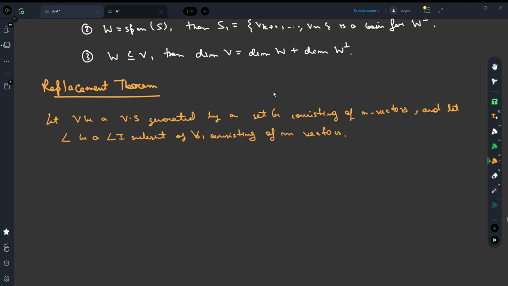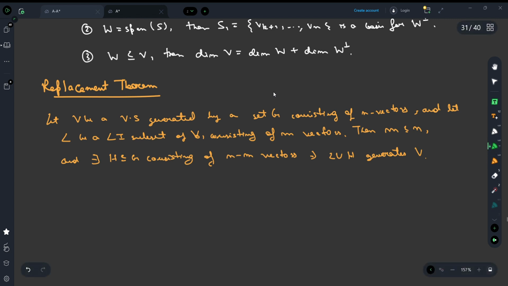Then m must be less than or equal to n, and there exists a subset H of G consisting of n minus m vectors such that L union H generates V, or spans V. Clear? So this is the replacement theorem.